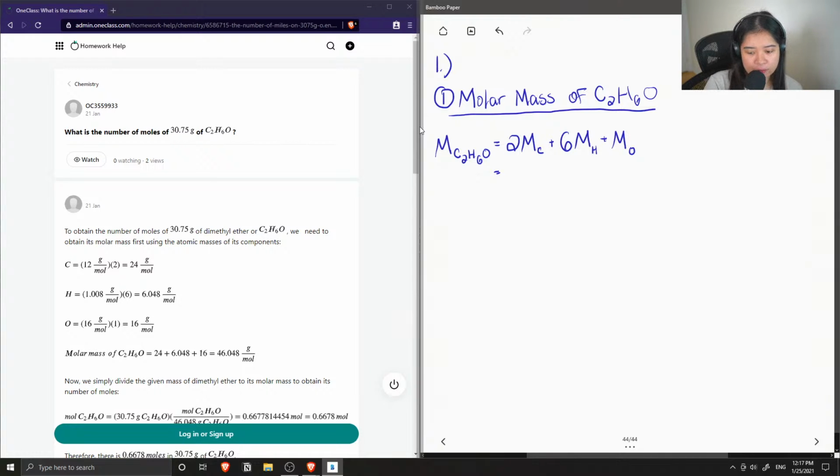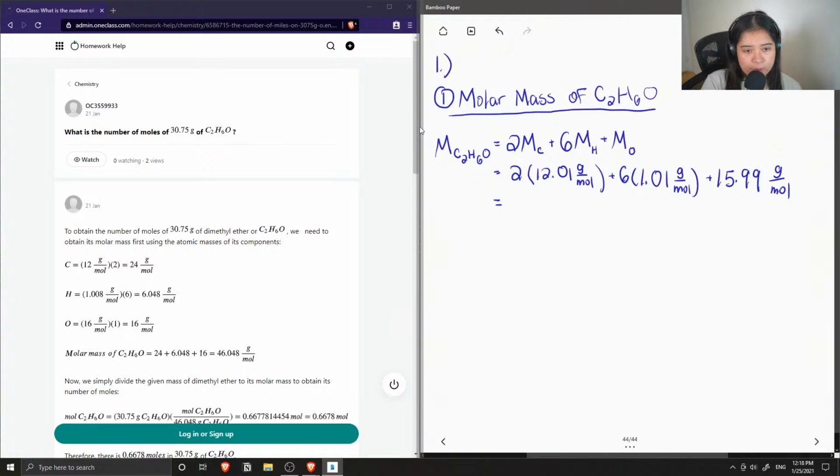So again, these values are just found on your periodic table. Carbon's molar mass is 12.01 grams per mole. And in the case of hydrogen, it's 1.01 grams per mole. And for oxygen, it's 15.99 grams per mole.